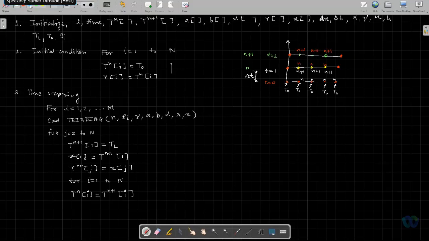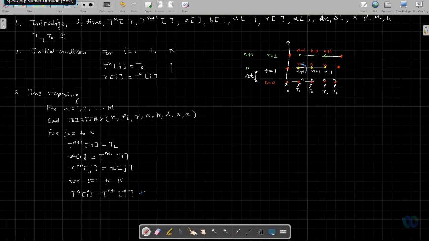So what you have to do is assign this. Whatever value you obtained, you have to assign here. This is what is done here. Then only we can move into time. So for t equals 2, you will be calculating Tn plus 1 with known values. Unknown values now become known. Similarly, when you go for t equals 3, these unknown values will be known, and the t equals 3 values will be unknown.